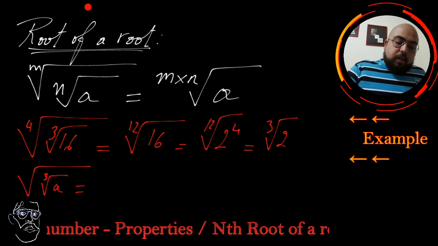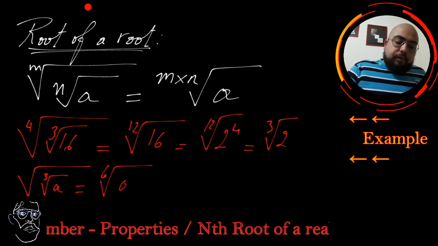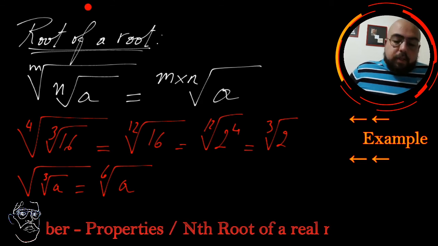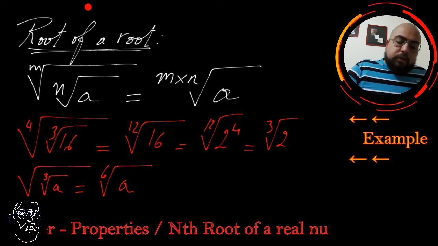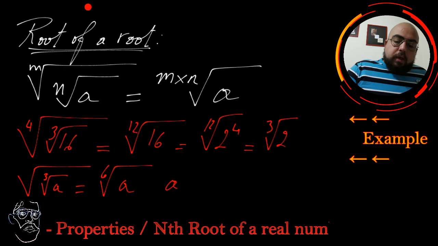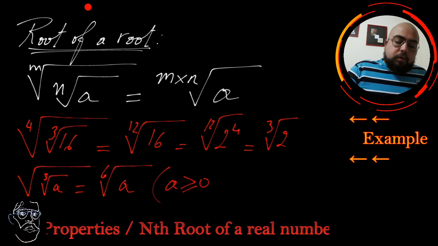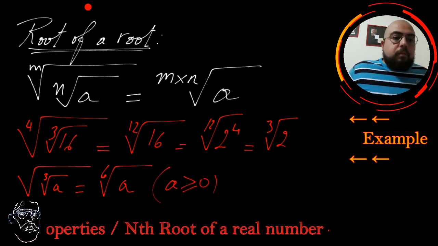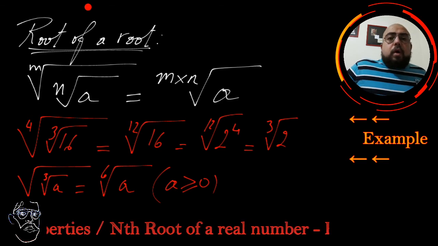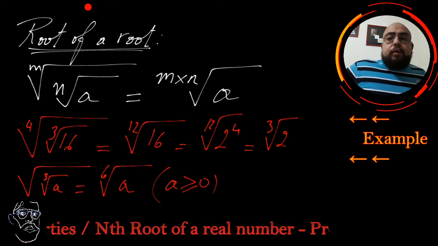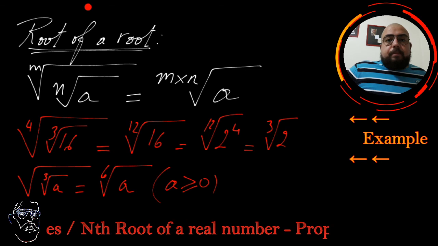You can say that it's the 6th root of a. Alright? Now, of course, you have to mention that a should be, in this case, positive or equal to 0. So, this was all about the nth root of real numbers.